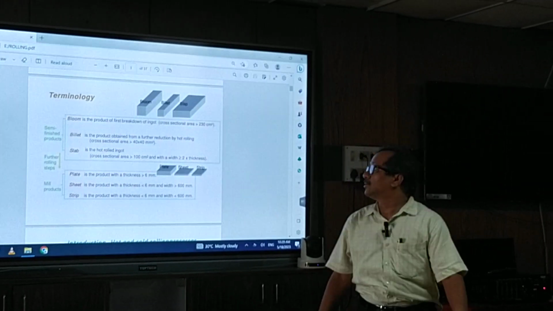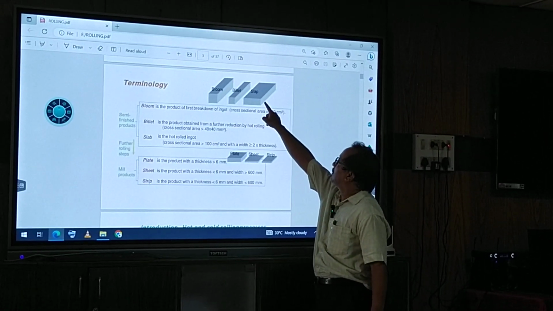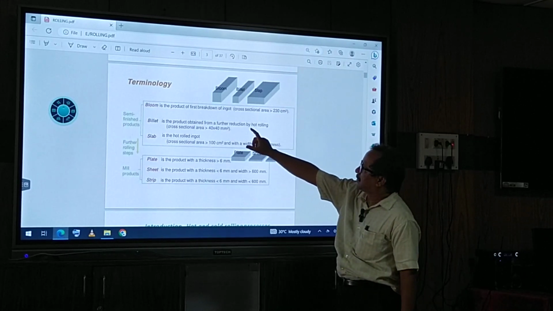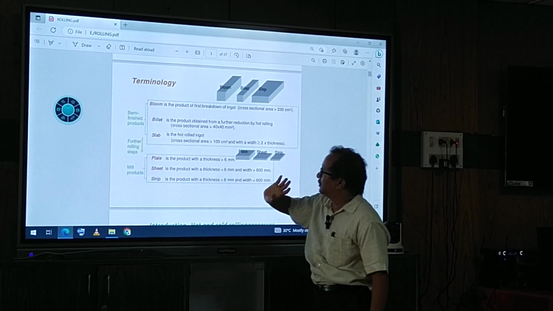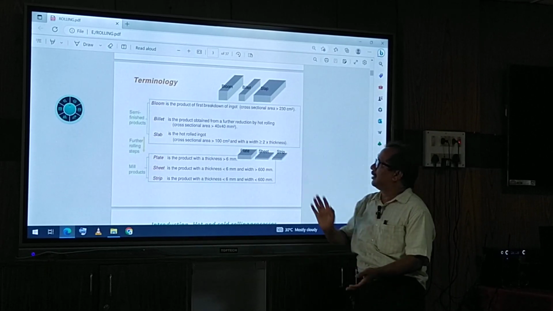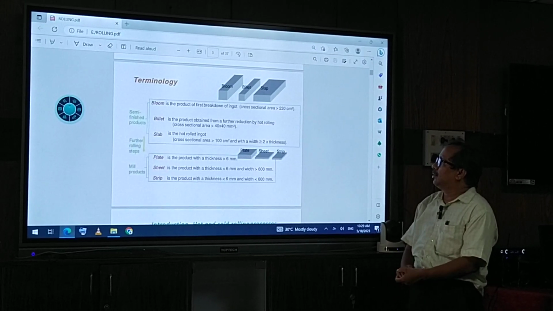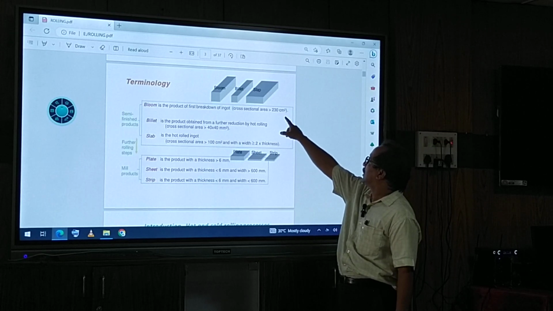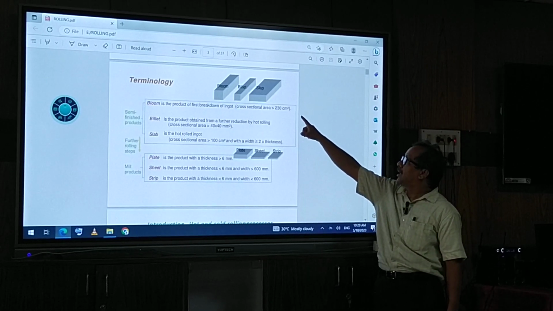rolling products. Number one is the bloom, second is the billet, and then the slab. These are the semi finished products, also called mill products. Bloom is the product of the first breakdown of an ingot. Its cross sectional area is greater than 230 cm square.